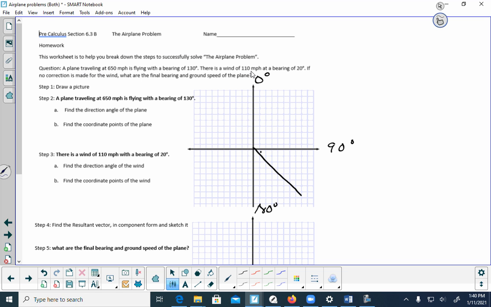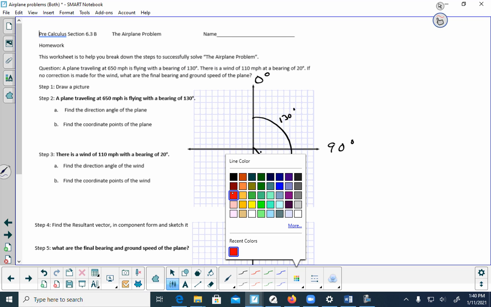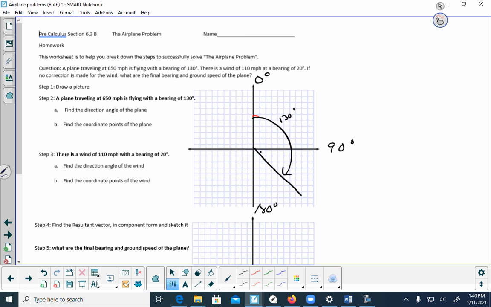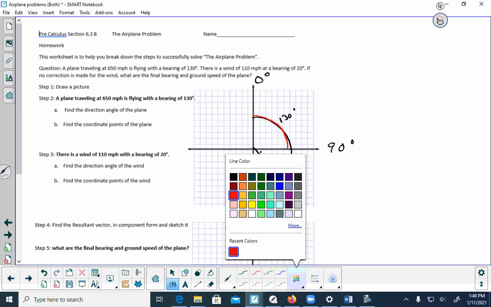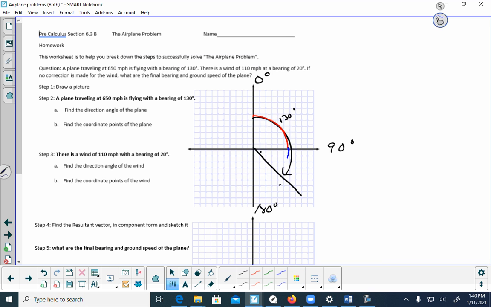Now, I have to figure out the angle that I'm going to use in order to do this problem. The bearing from here to here is 130 degrees, but I want my trig angle. I don't want to use that bearing angle, so I have to figure out what that's going to be. If this is 90 degrees, then the balance of that angle, this blue part, would be 130 minus 90, which would be 40 degrees.